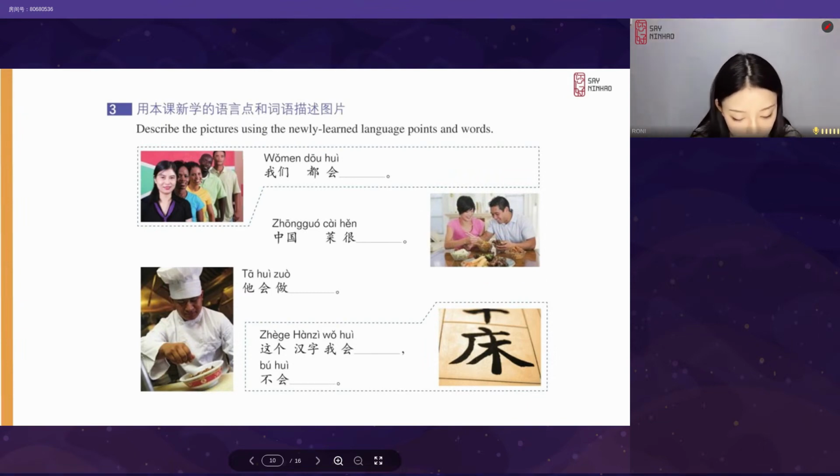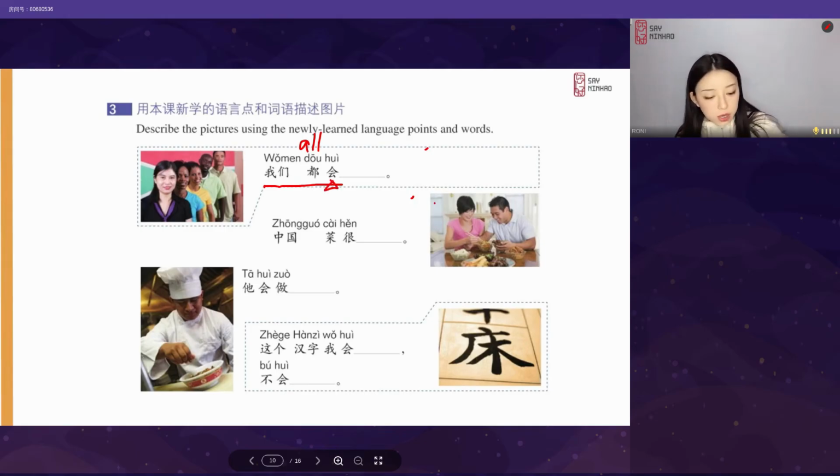Let's do some exercises. So first one, 我们都会. 都 means all. So 我们都会 means we all can do something. So after 会, we should put a verb, right? So let's try to fill in the verbs we've learned today.